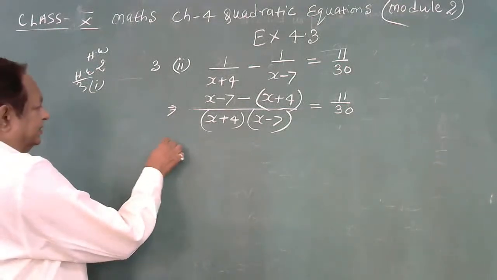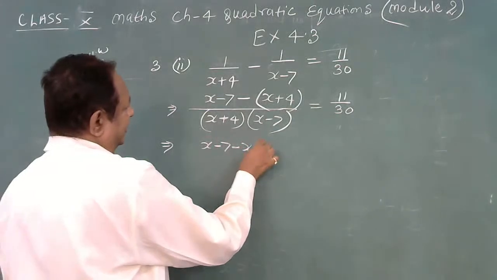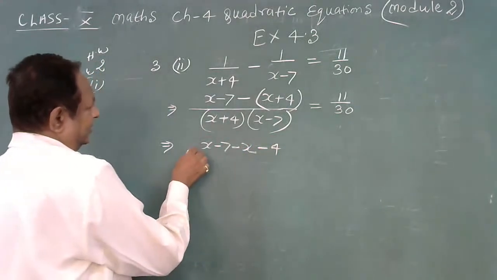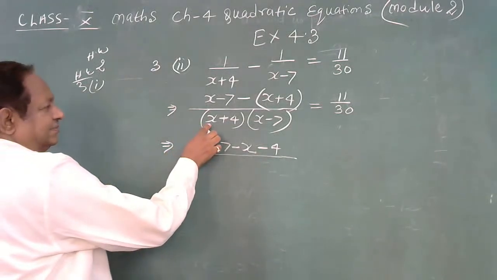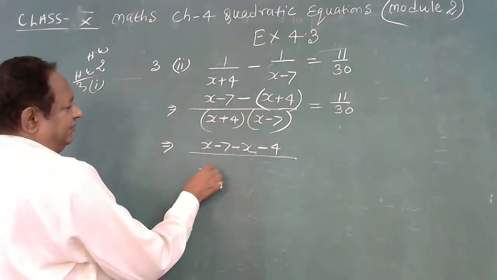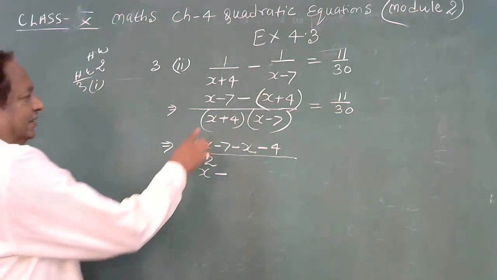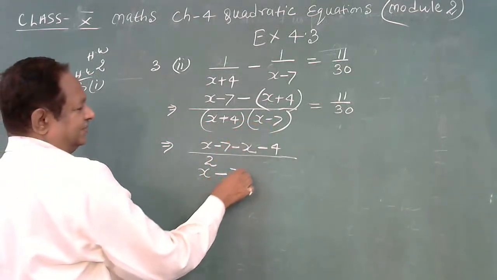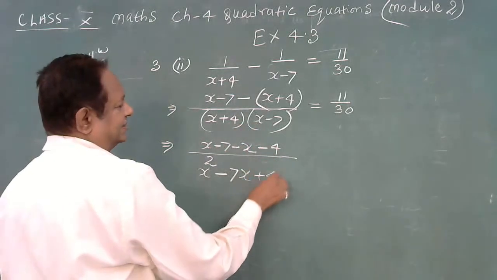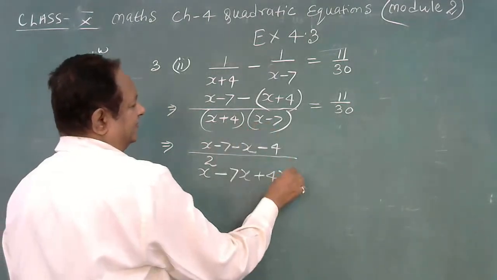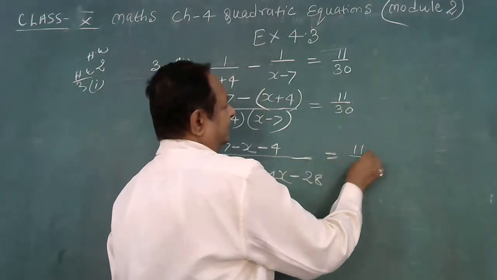This implies that x minus 7 minus x minus 4, upon, multiplying x, the powers will be added, x square minus 7x, now plus 4x plus 4 multiply minus 7, minus 28, is equal to 11 by 30.